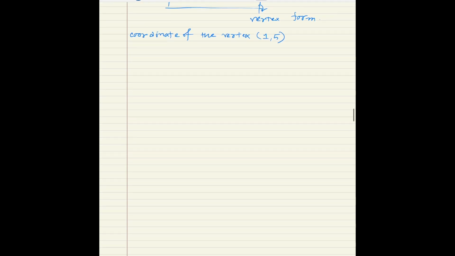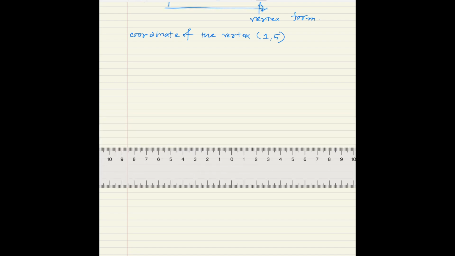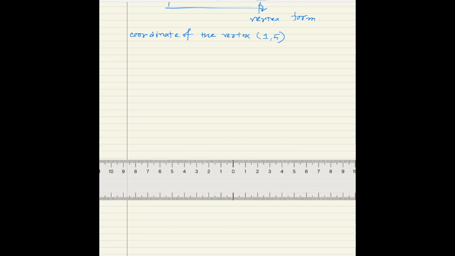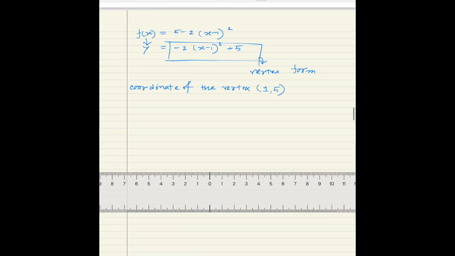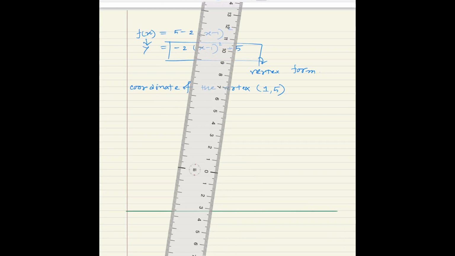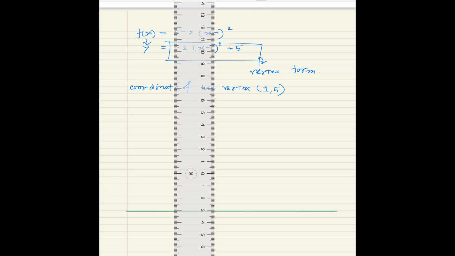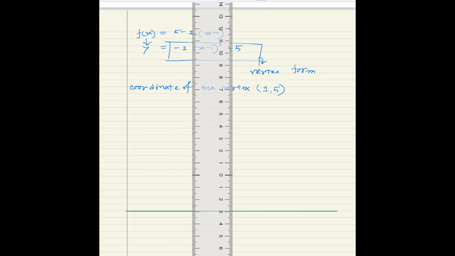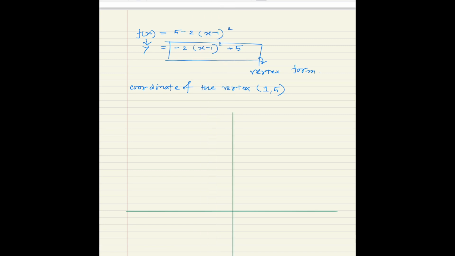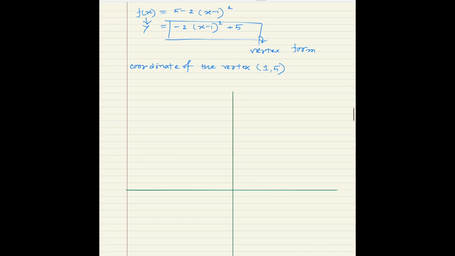So if we make an estimated drawing of that, it will be something like this. Okay, so 1 and 5 may be there.